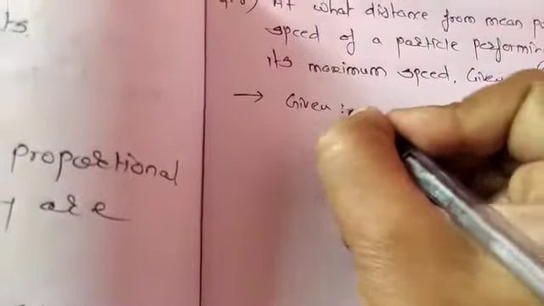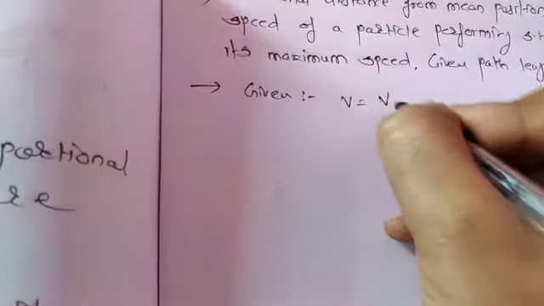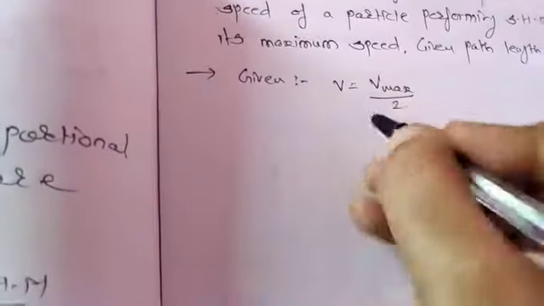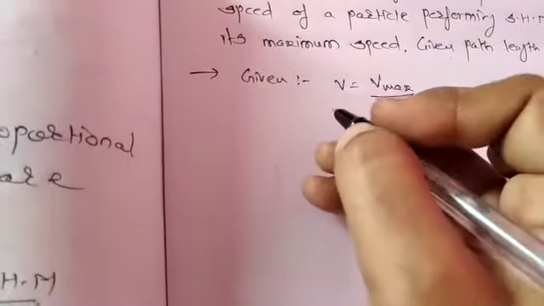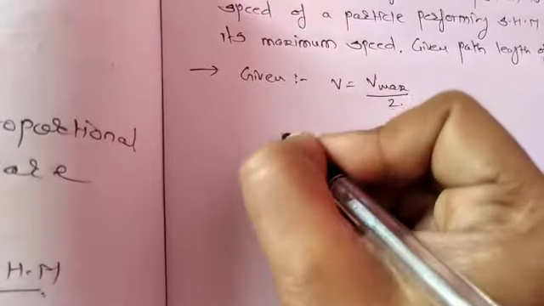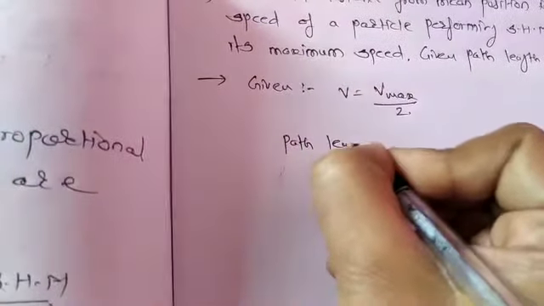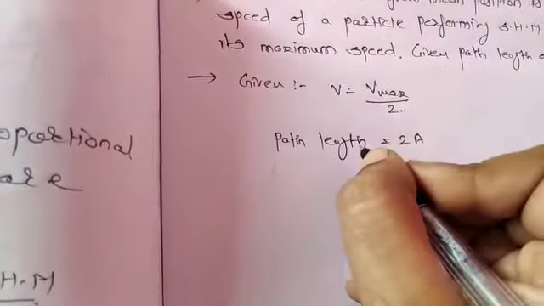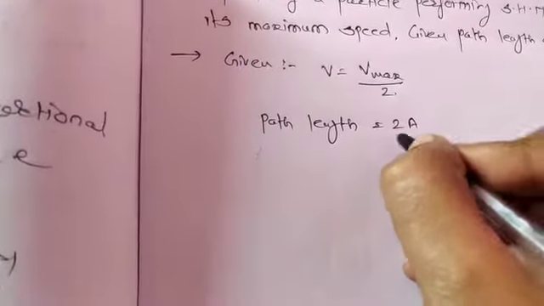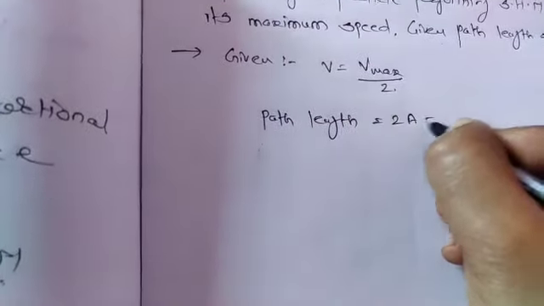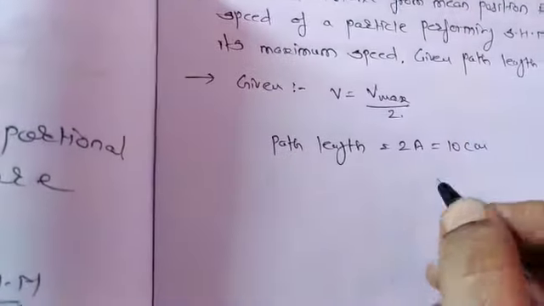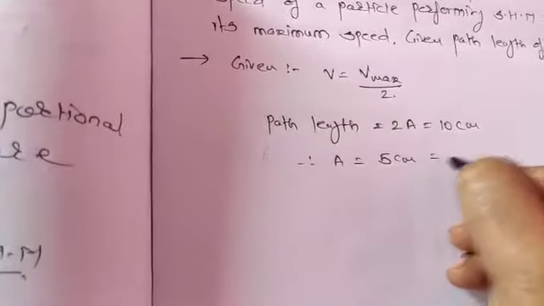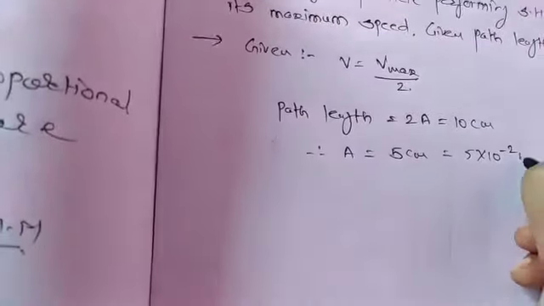So we can write v is equal to v max divided by 2, and as we know, the path length is equal to 2a, where a is the amplitude, so 2a is 10 centimeter. Therefore a is equal to 5 centimeter, that is 5 into 10 to the power minus 2 meter.